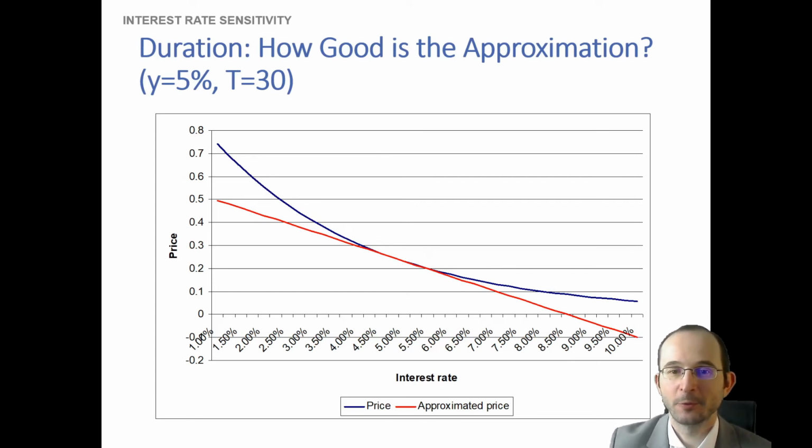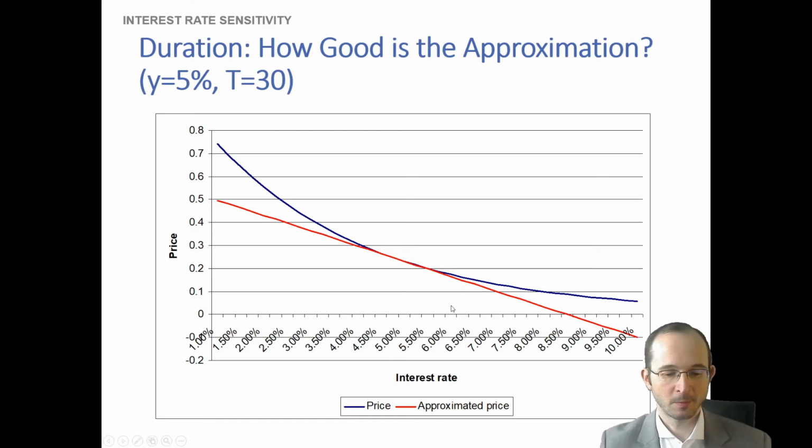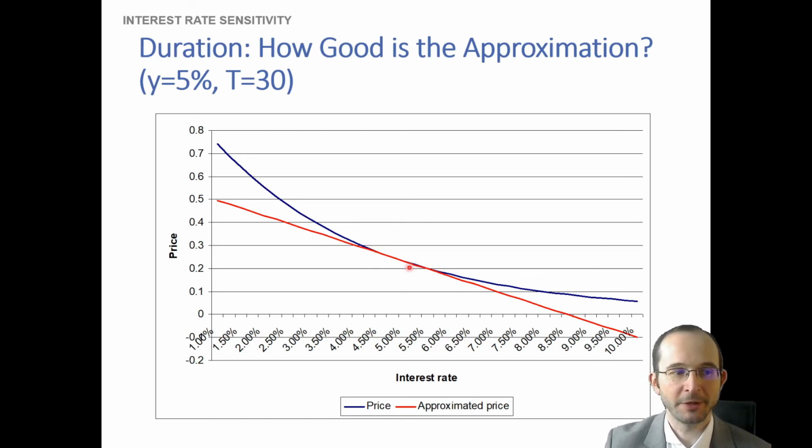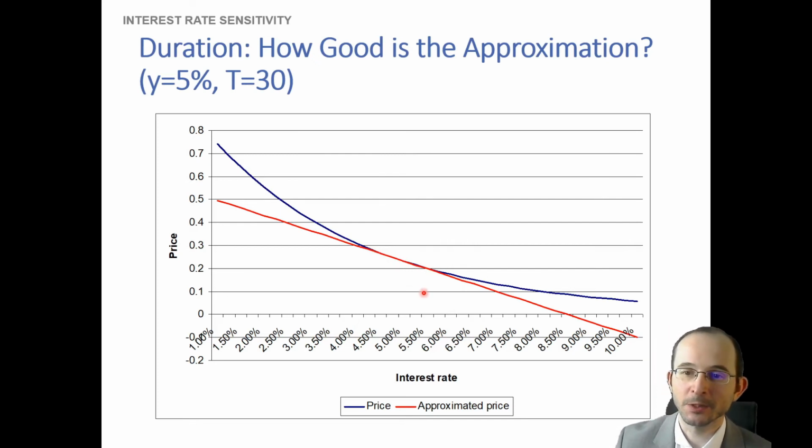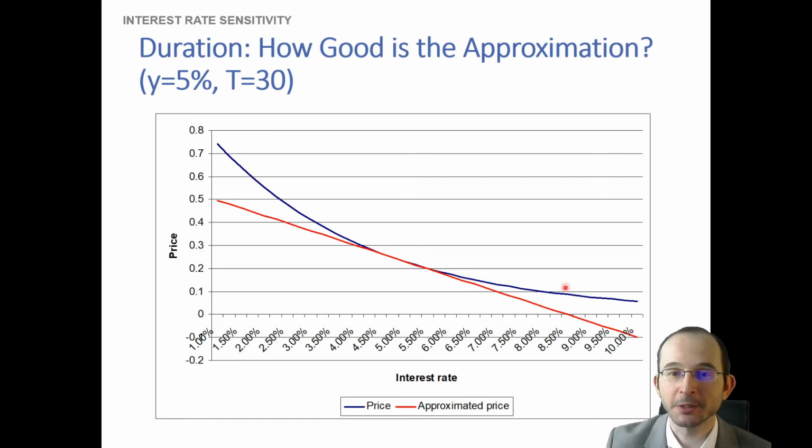Well, we can see that for small changes around 5%, which is our initial yield, it's actually quite good. In other words, in this region here, the deviations aren't very great. But remember, there is this issue of convexity. In other words, bigger changes in yield produce different changes in the bond's price depending on the direction.